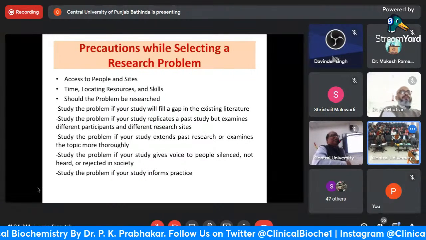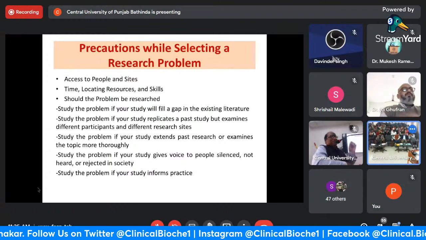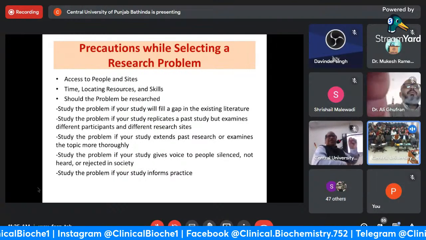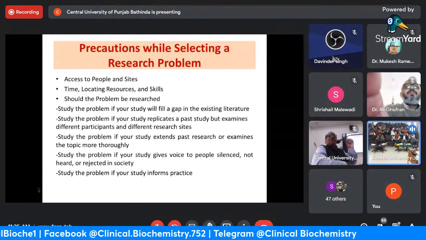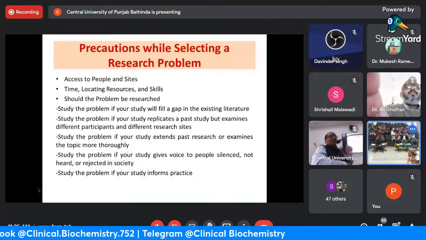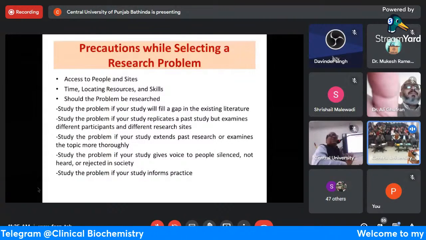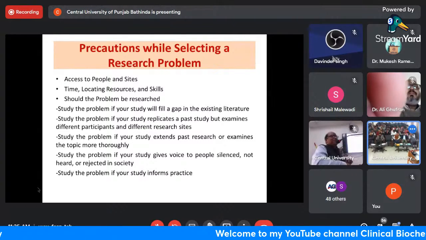One of her research questions was just to study the effect of medicine A. Suppose that is the name of the medicine. Intervention A on the recovery from that particular disease. So that was her objective.